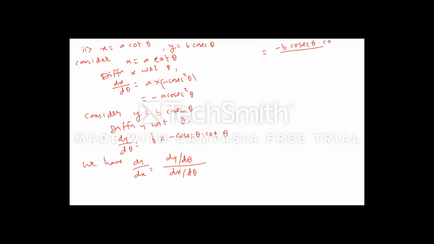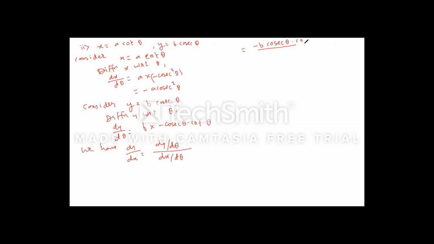Now let's put in the values. What is the value of dy by d theta? That is minus b cosec theta into cot theta. Now divided by the value of dx by d theta, minus a cosec squared theta.